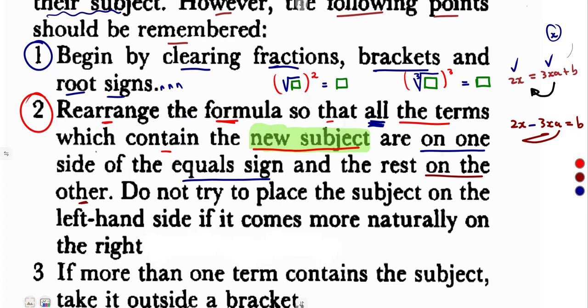These ones have got x. Here we do not have x. This is what we must have. So they must be on one side, the other ones on the other side. Do not try to place the subject on the left-hand side if it comes more naturally on the right.